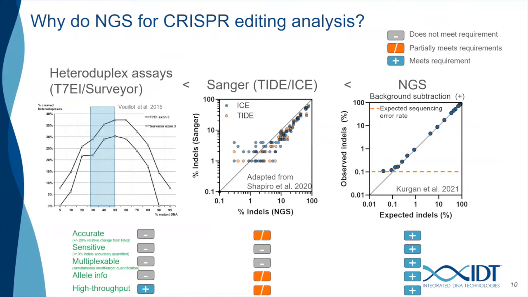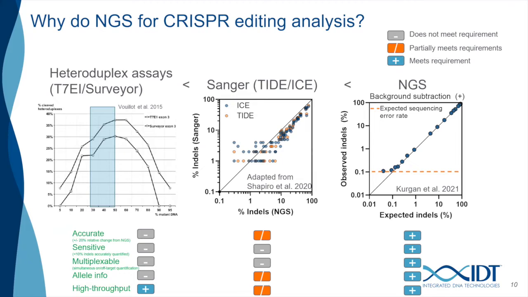So now I want to shift a little and talk about quantifying the editing at the on- and off-target sites. There are a number of methods that can determine the editing, and some of these are fast and cheaper methods, like those shown on the left, such as T7 endonuclease assays or heteroduplex cleavage assays.